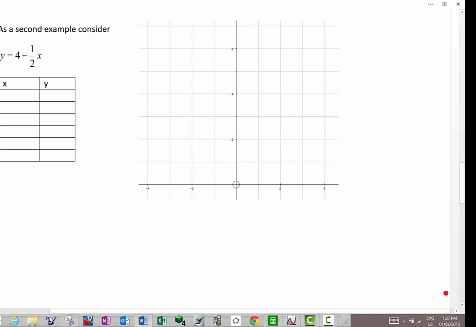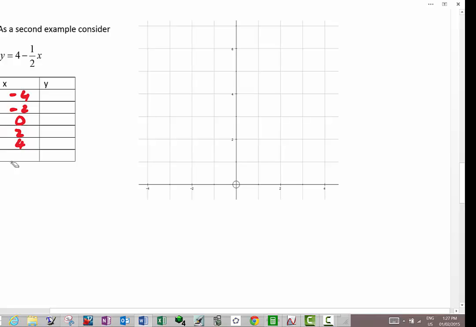So second example, let's have a look at y equals 4 minus a half x. Again, because we're using halves, we can choose whichever values of x we want for the table of values, but it probably makes sense to use even numbers since we're going to have to halve them. So minus 4, minus 2, 0, 2, 4.